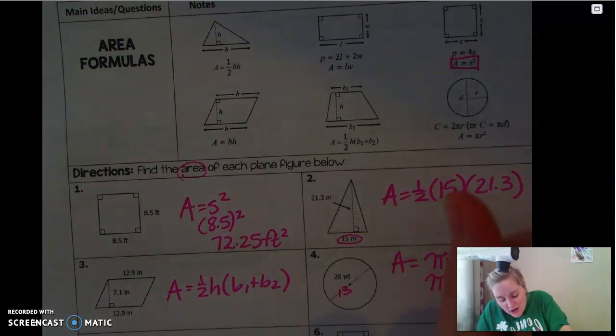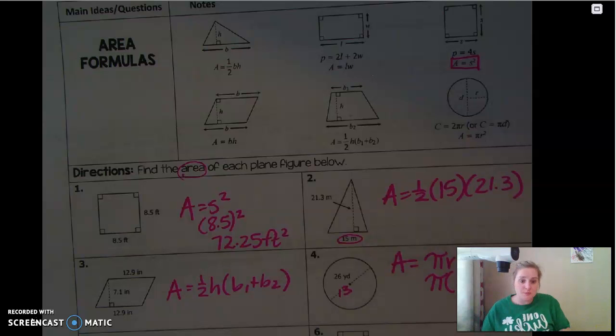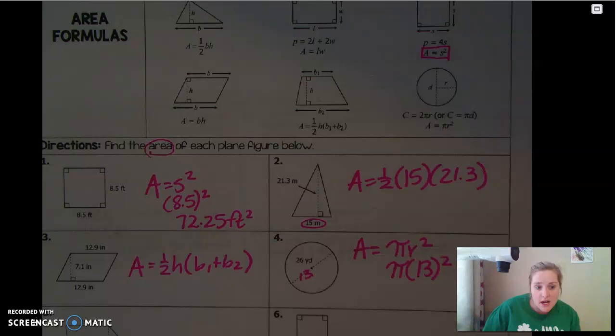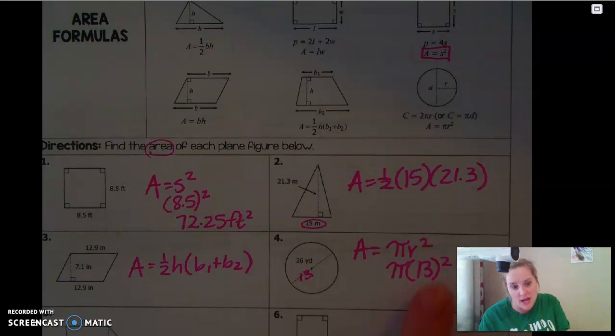Pi 13 squared. If you don't have a scientific calculator at home, you are more than welcome to use Desmos on your computer or phone, or you can even just use 3.14, just like you did back in middle school. That would totally be fine to help you get that answer.